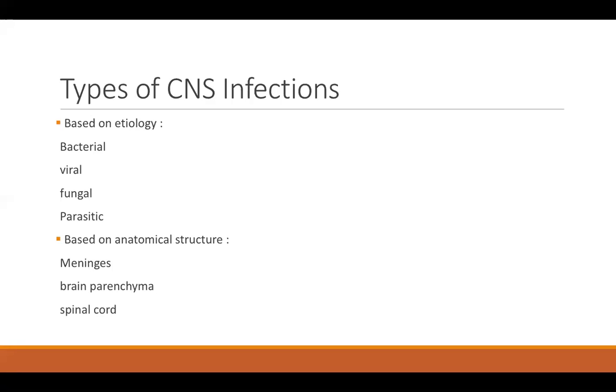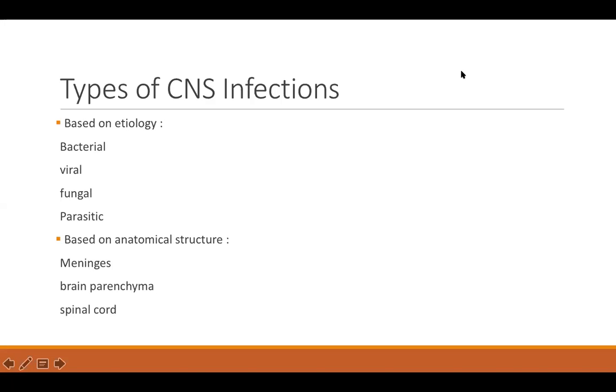And you have your meninges, which are the three protective layers covering both your brain and your spinal cord. So infection can happen at any of these anatomical structures, whether it's the meninges, the brain parenchyma itself, or the spinal cord. For this lecture, we're gonna follow هذه التقسيمة. ما أدري if you guys can see my cursor ولا لا، لكن نروح على حسب هذه التقسيمة based on etiology. So we're going to talk about bacterial, then viral, and then fungal, and then parasitic.